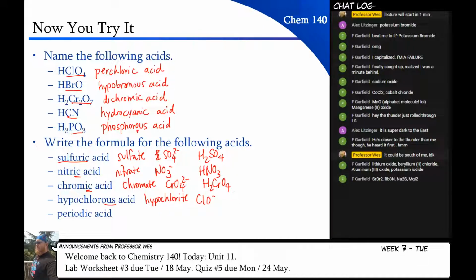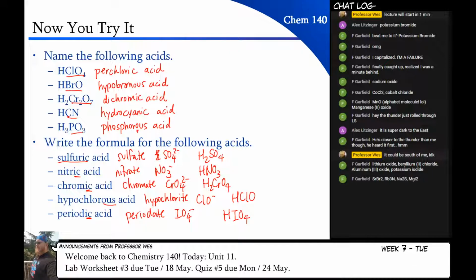So hypochlorous acid would be HClO. And then this looks like periodic acid, but it's actually per-iodic acid, so be careful. This ic means that that's periodate. Periodate is that, so the formula is HIO4.